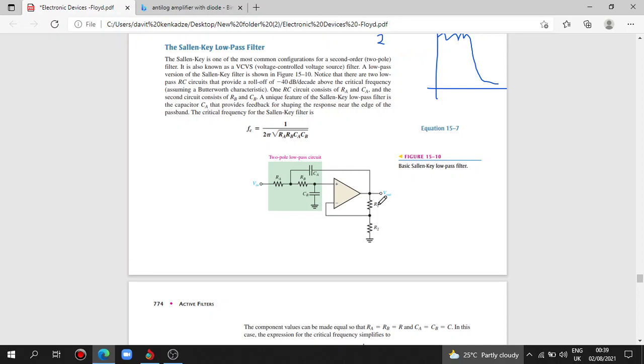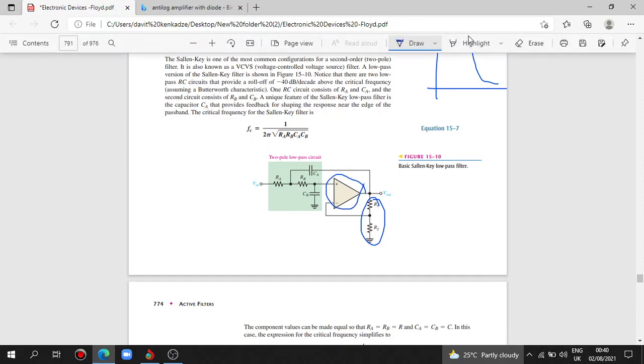This gives a gain, and active filters are filters using op-amps, and op-amps have the advantage over passive element filters because they give gain to the output signal.